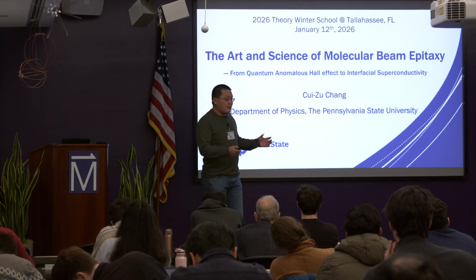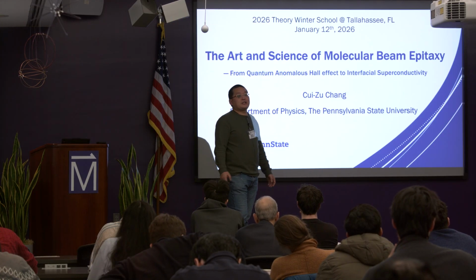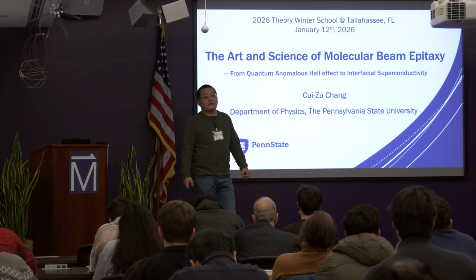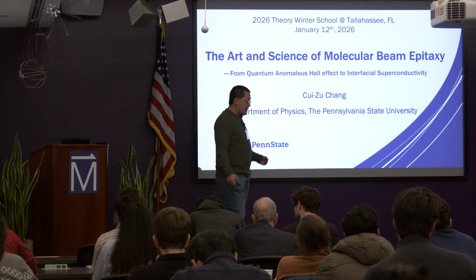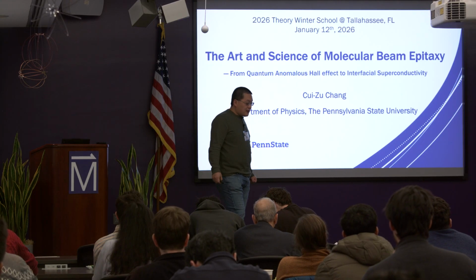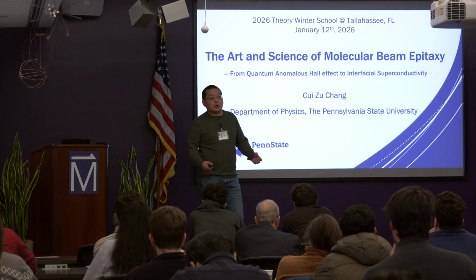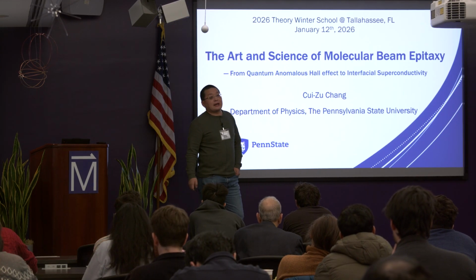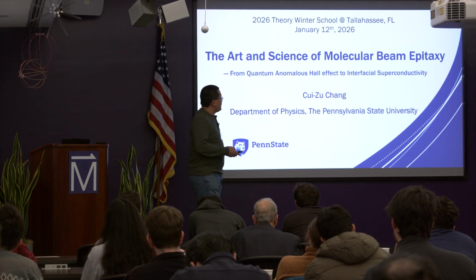If we use MBE to grow non-superconducting materials, we get superconductivity. We call it interfacial superconductors. The motivation here is that we want to let the quantum anomalous Hall effect join the superconductivity game to realize Majorana physics in the condensed matter field.